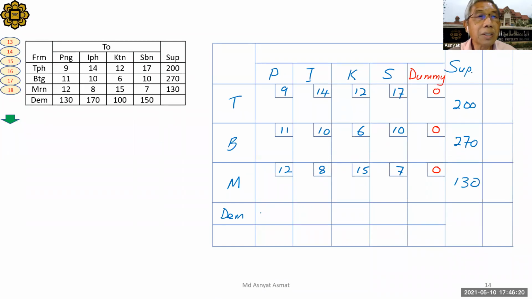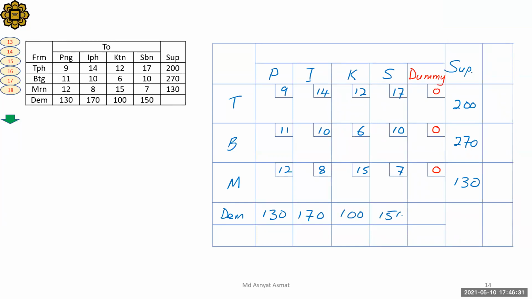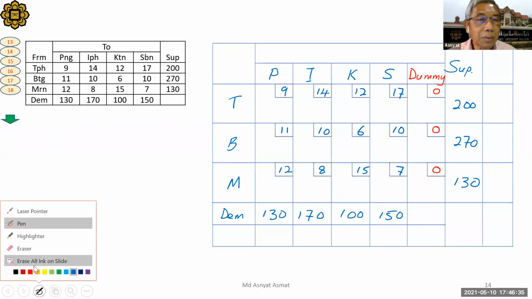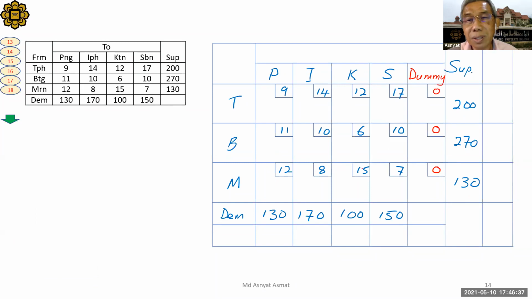Demand 130, 170, 100, 150. What is my dummy demand? 60, right? 50 or 60? 50.